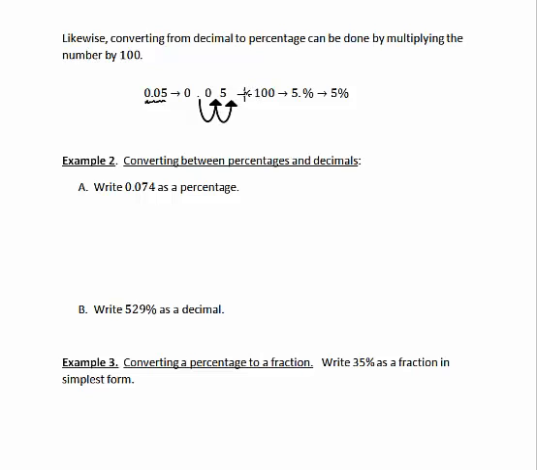So we have multiply by 100 out to the side, and this is what we're doing to carry out that multiplication. We're moving the decimal place to the right, and now we have 5 with a decimal point behind it, and now we can insert our percentage sign. So in the end we get 5%.